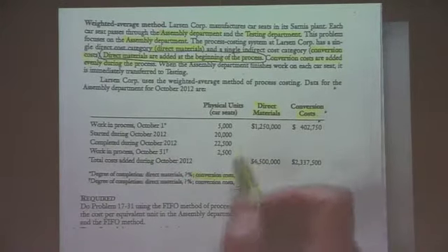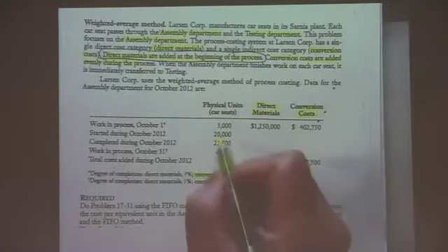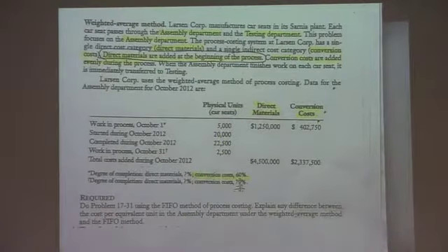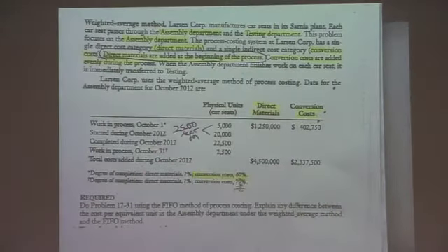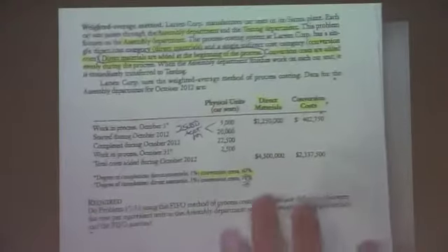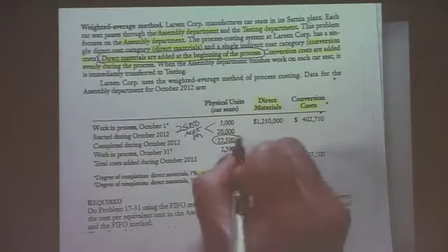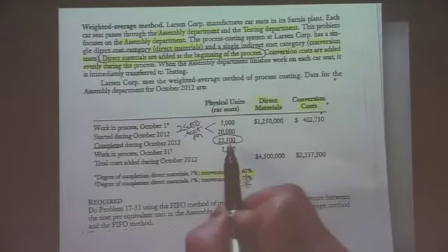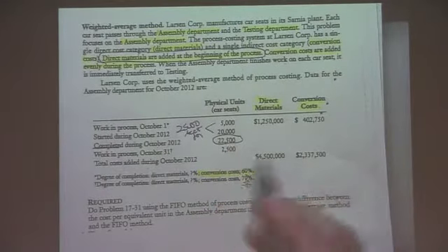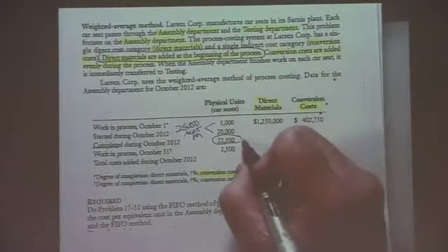Now, we know that we started 20,000 units, which means that we have 25,000 units to account for. Now, of that 25,000 units, this is how many units were completed in October. And by the way, that includes that 5,000 in there, right? So if you really think about it, we're going to split this out.